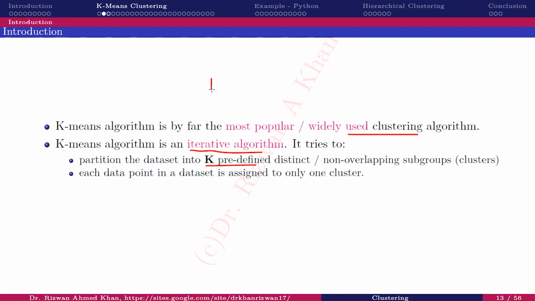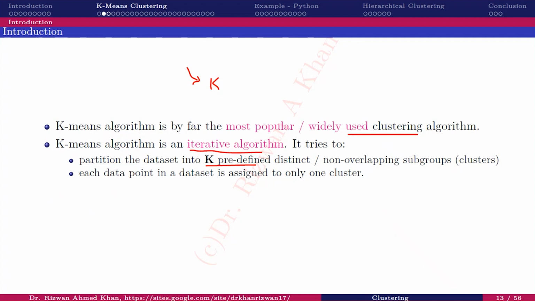K is a hyperparameter, the number of clusters that we have to provide to the K-means algorithm in order to run. So this is one of the things that a machine learning engineer has to decide. Sometimes a priori we already know how many clusters are available in the data set, but sometimes this is not obvious.